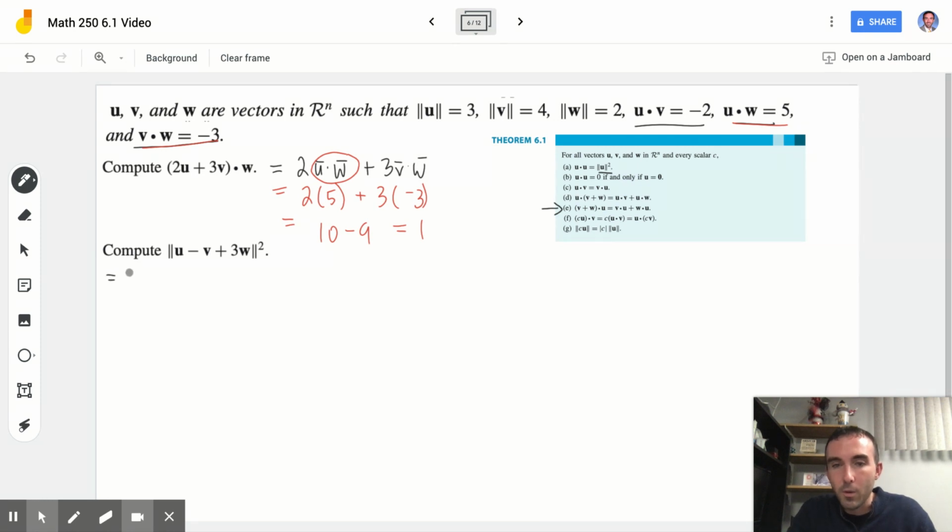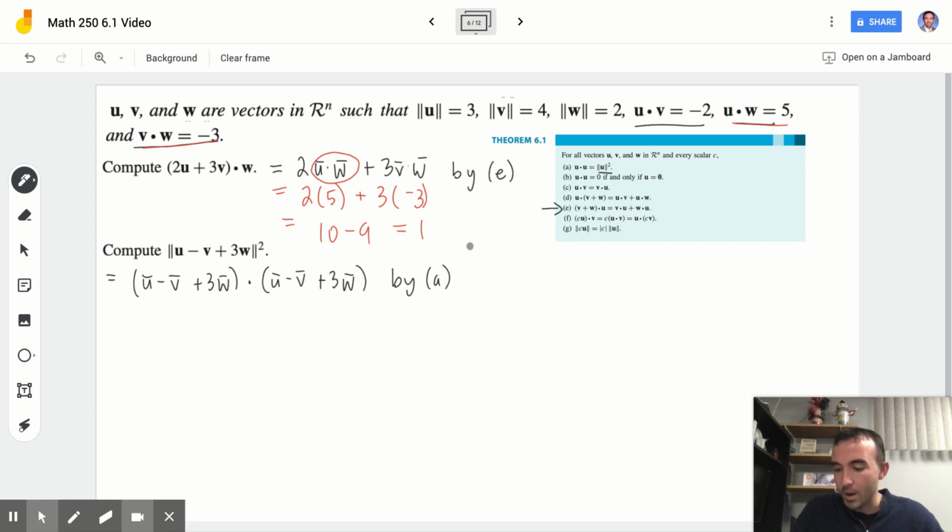So this equals u minus v plus 3w times u minus v plus 3w. And I'm just going to note the property that we used here, property E, for that. So that's the first part.